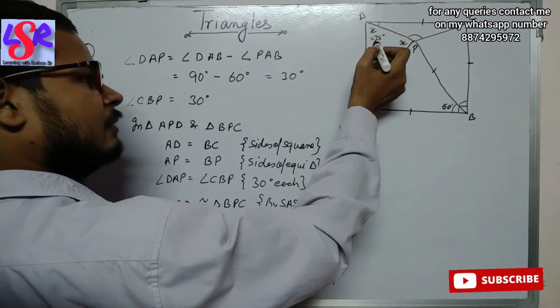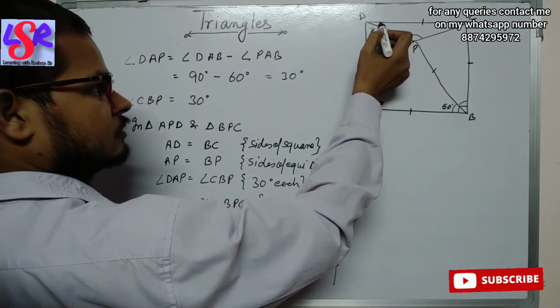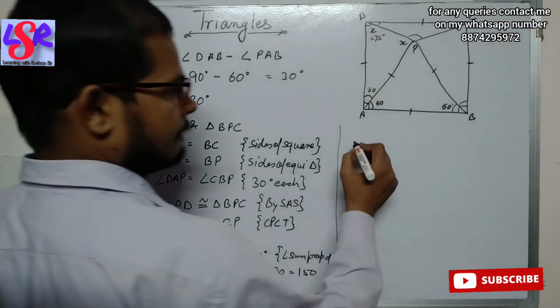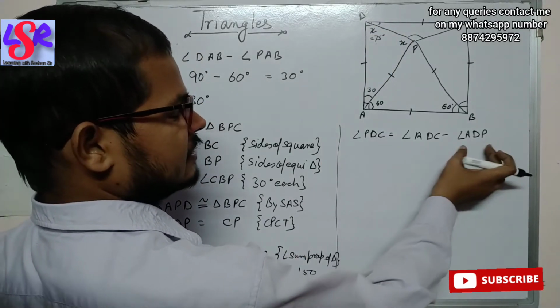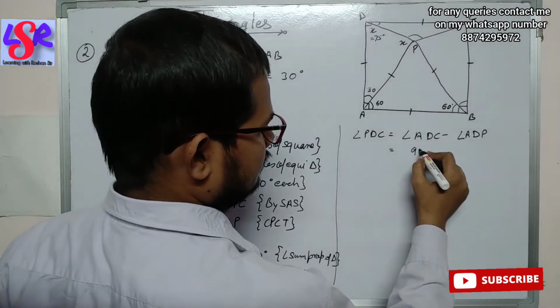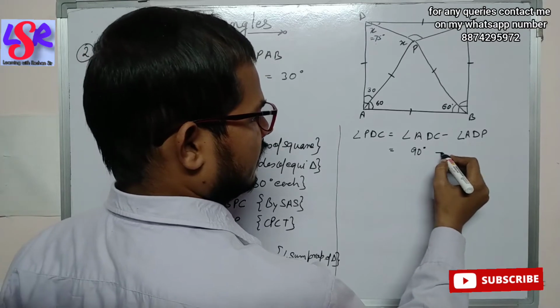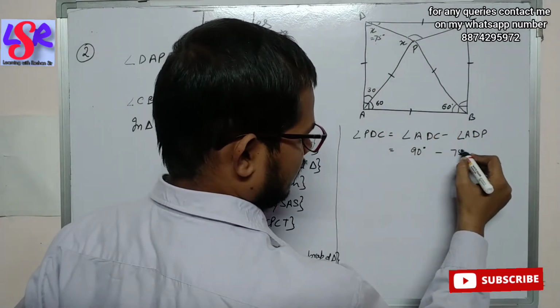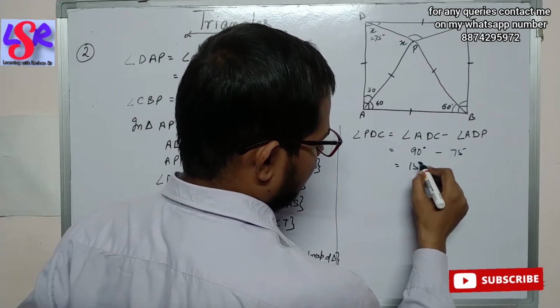So with the help of this 75, we can find the value of this one, as this whole angle is 90 degrees. So angle PDC equals angle ADC minus angle ADP. ADC we have as 90 degrees, which is the vertex angle of the square, minus ADP, which we have just calculated as x, that is 75. So this one is 15 degrees.